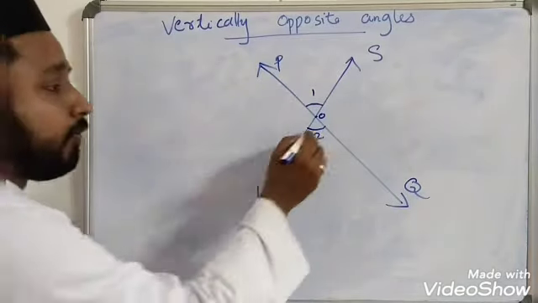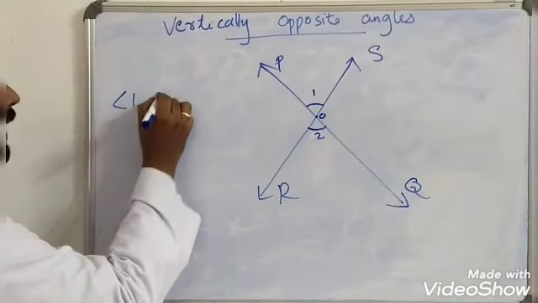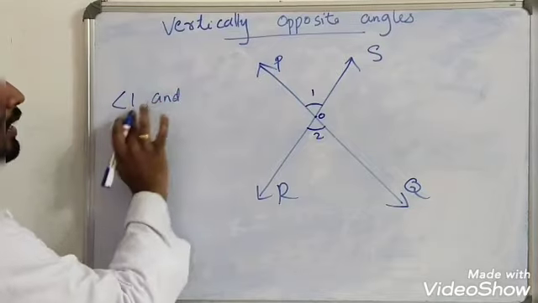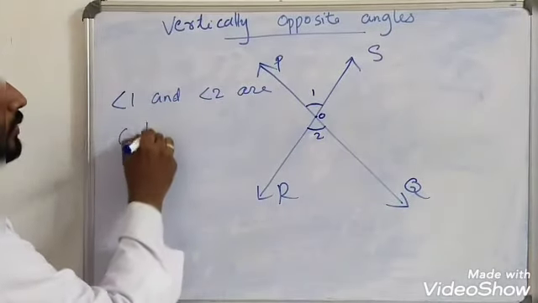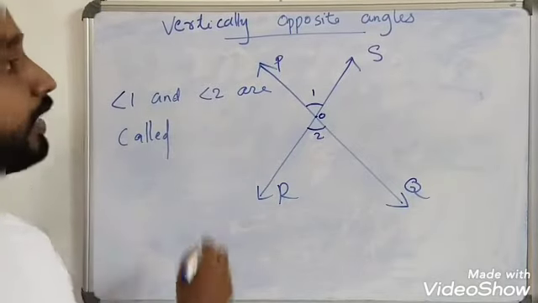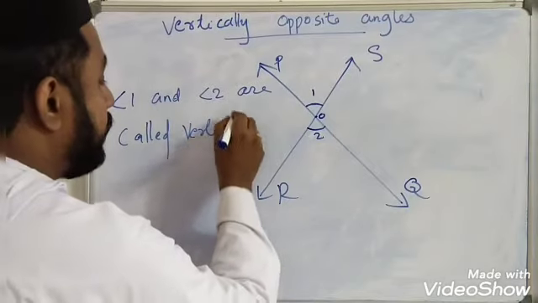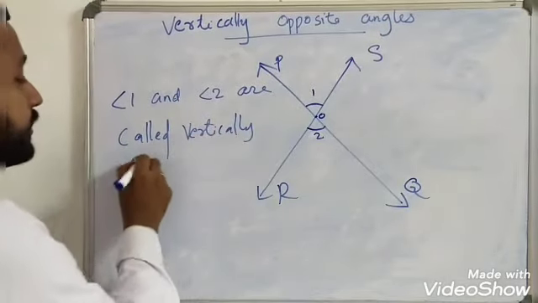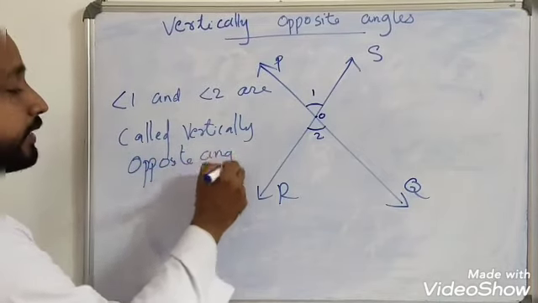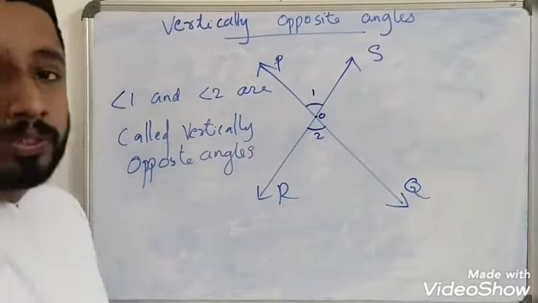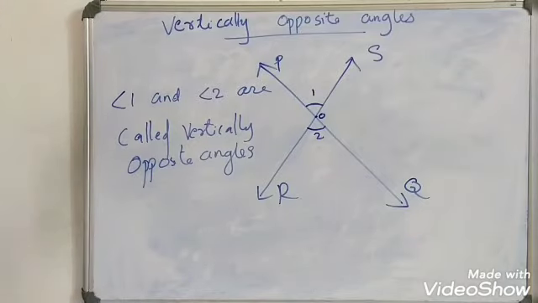So angle 1 and angle 2 are called vertically opposite angles.